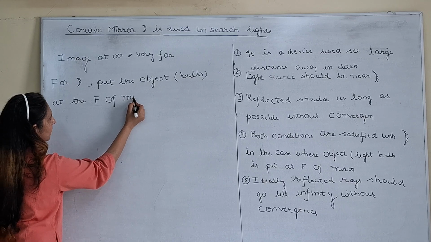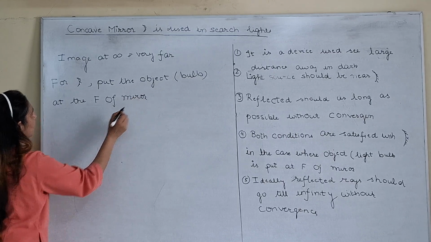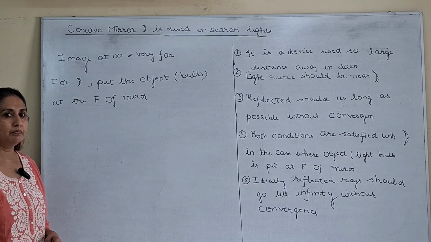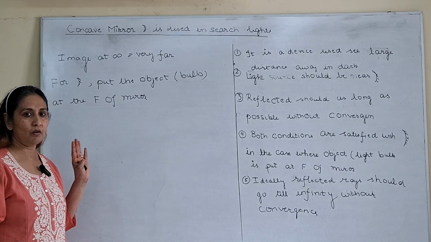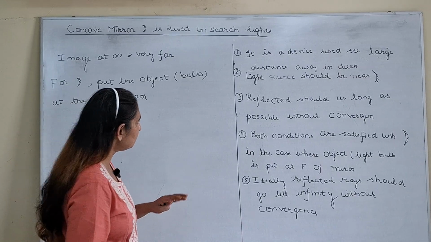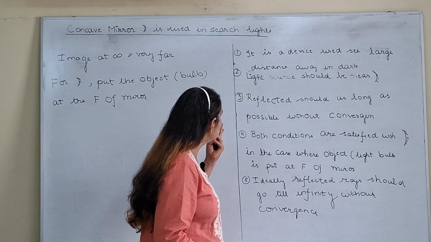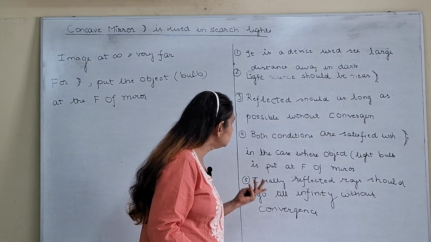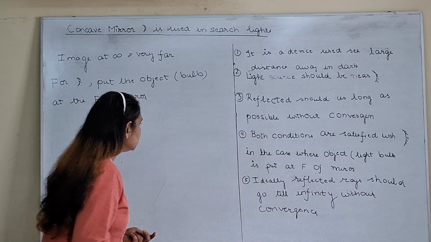So the bulb should be kept here on focus, while the image will be formed far off. ठीक है. अब anything else is left? No, I think this is done.